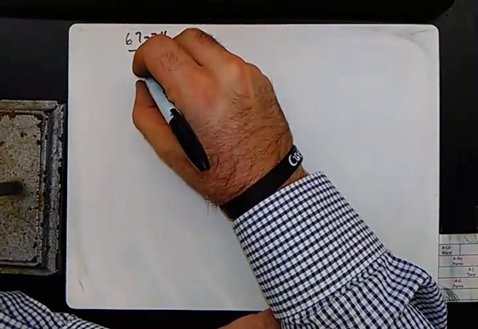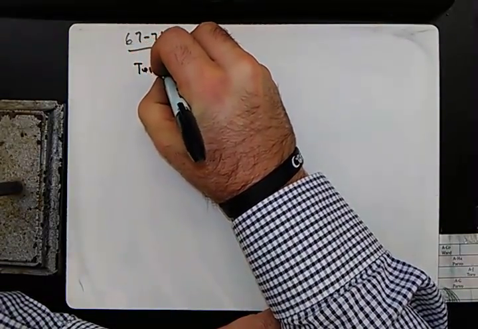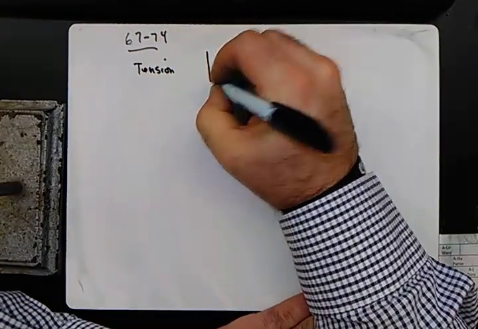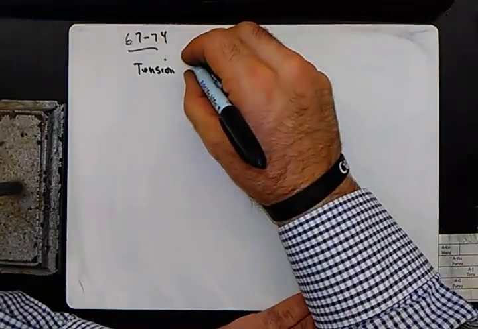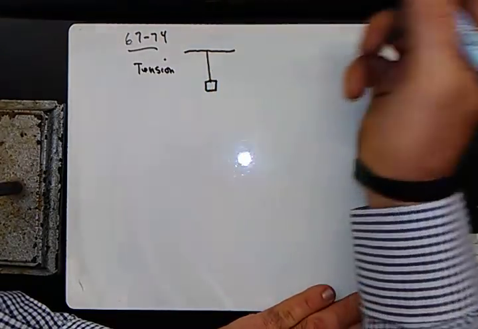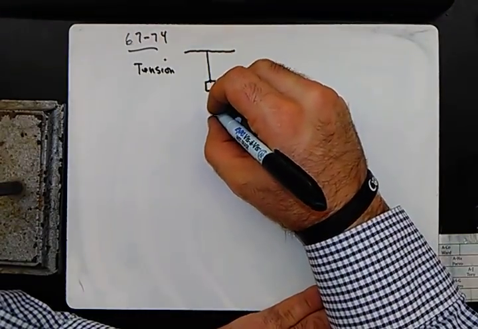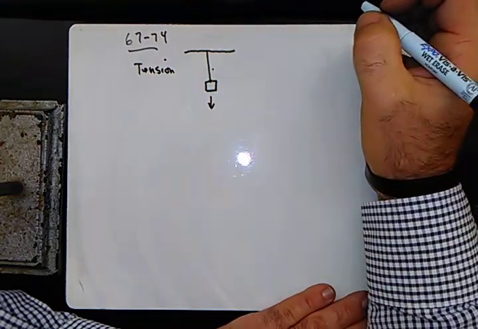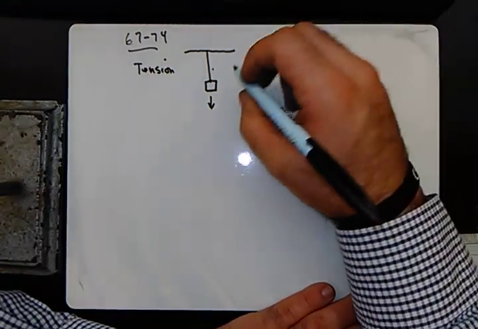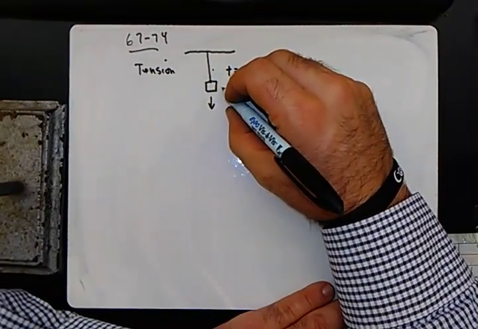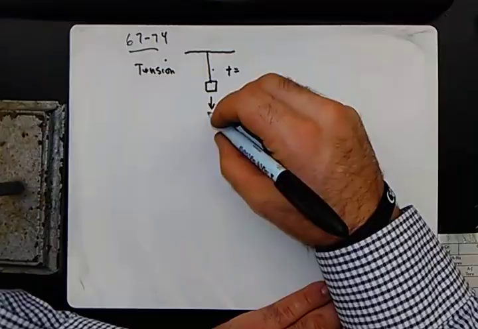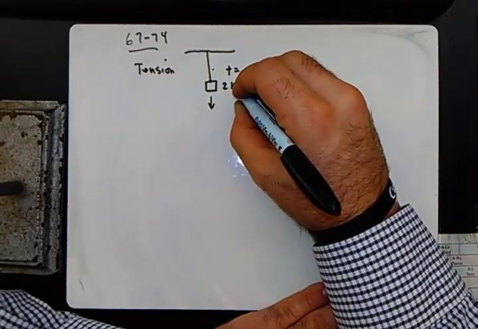Let's say I have a string. Here's a string. I've got a mass hanging from the string, and this is attached to the roof or something. Now, the tension in this string is equivalent to whatever the weight is here. So let's say we've got a 2 kilogram object.